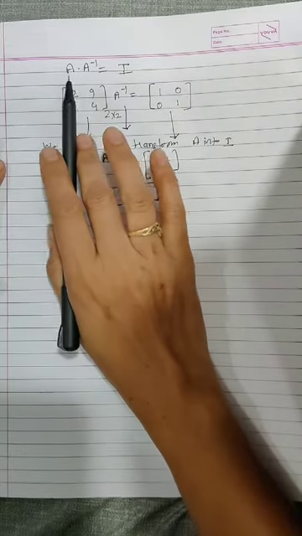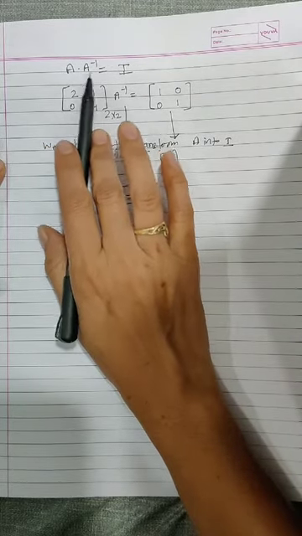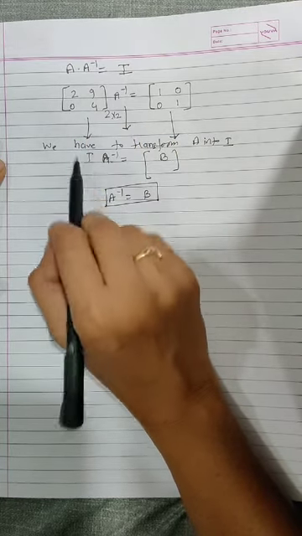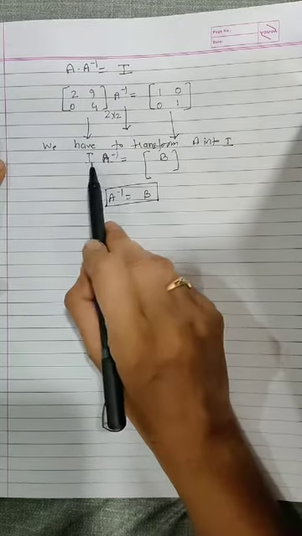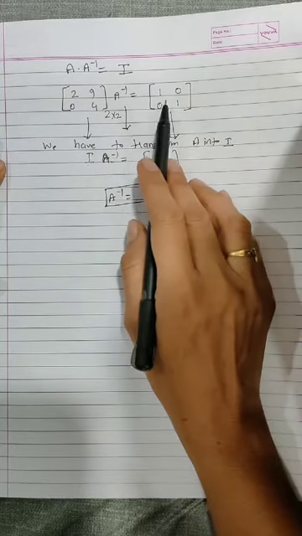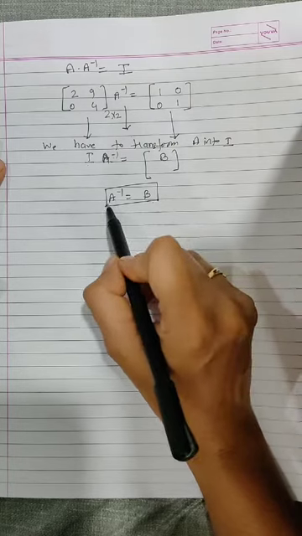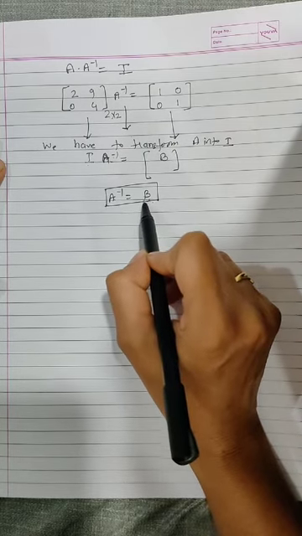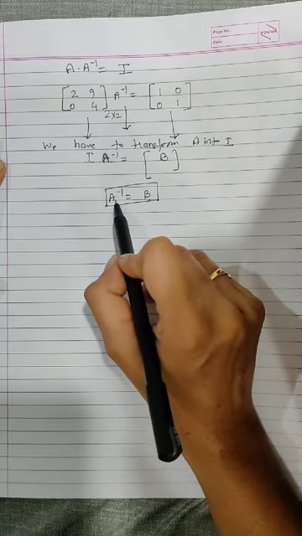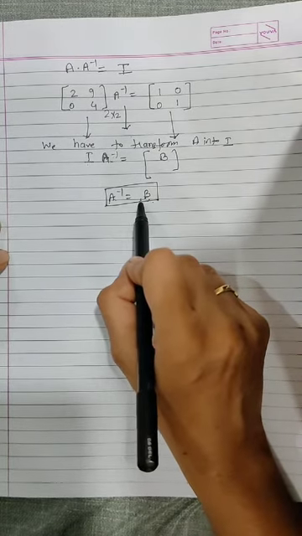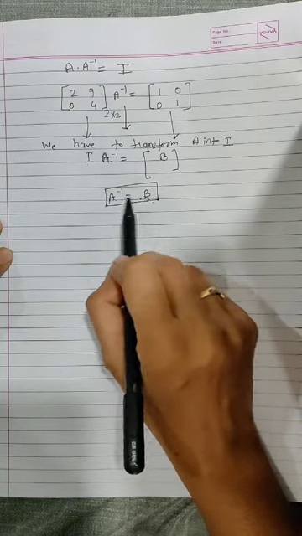So the steps are: you have to start with A into A inverse equal to I. Perform operations on A and I. A changes to the identity matrix, I into A inverse is A inverse, and this identity matrix converts to another matrix B. In the last step we will get A inverse equal to B, and that will be the inverse of the matrix. Now this inverse of a matrix can be calculated by using elementary transformation.